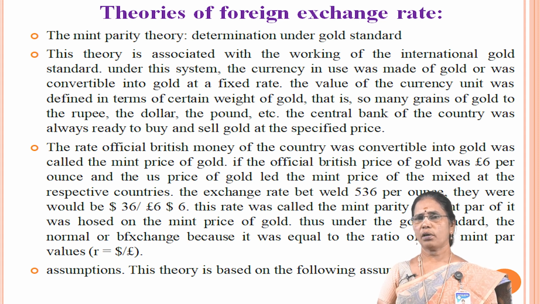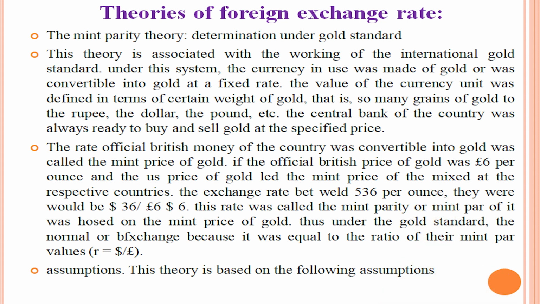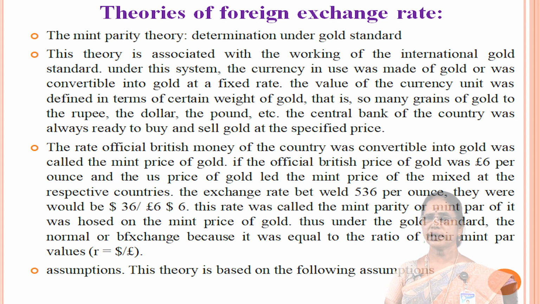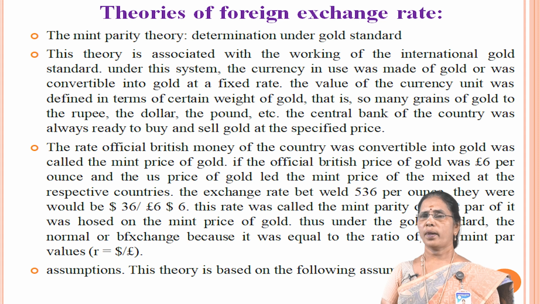This rate was called the mint parity or mint par, based on the mint price of gold. Thus, under the gold standard, the normal exchange rate was equal to the ratio of their mint par values. That is, R is equal to dollar par over pound par.